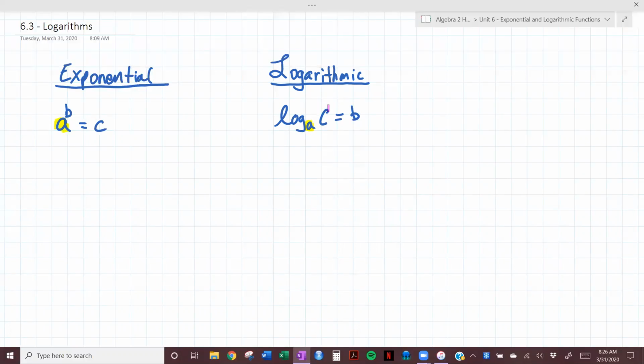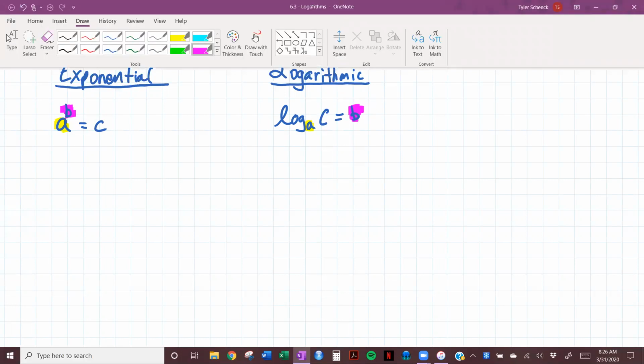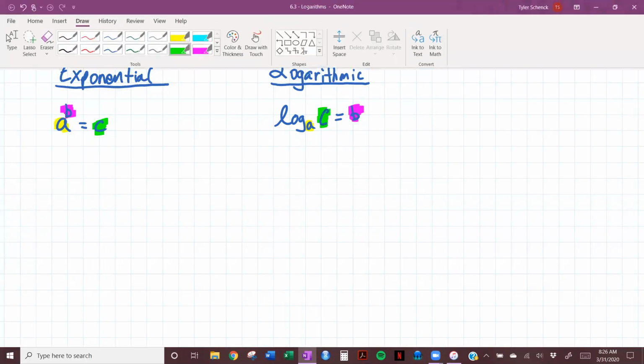Our exponent now becomes right there. And the result now goes there. Okay, so that's the main relationship between exponential and logarithmic.